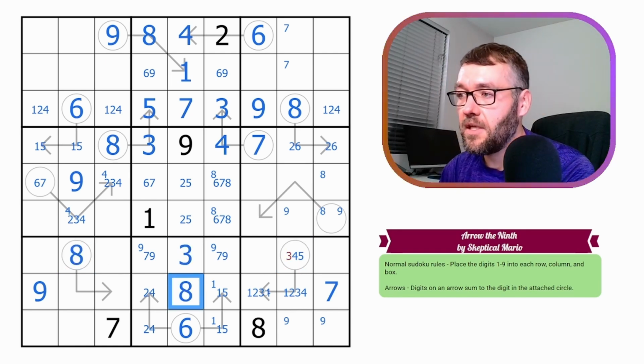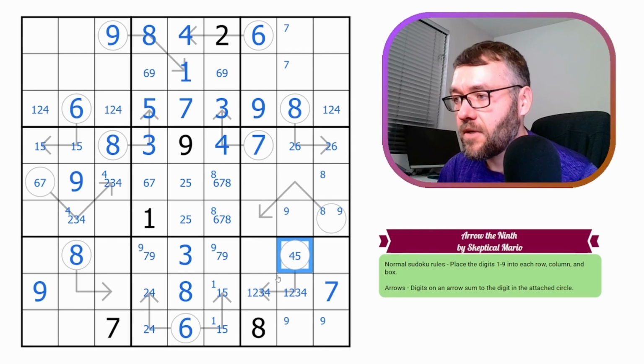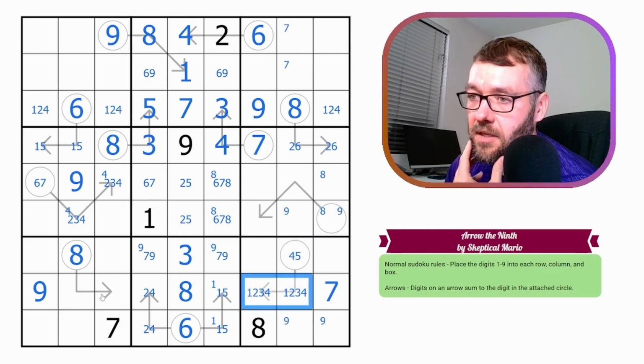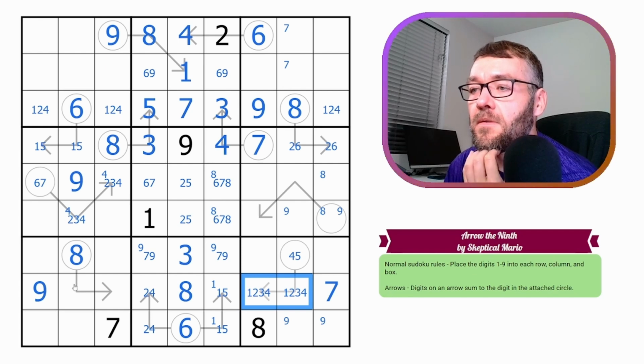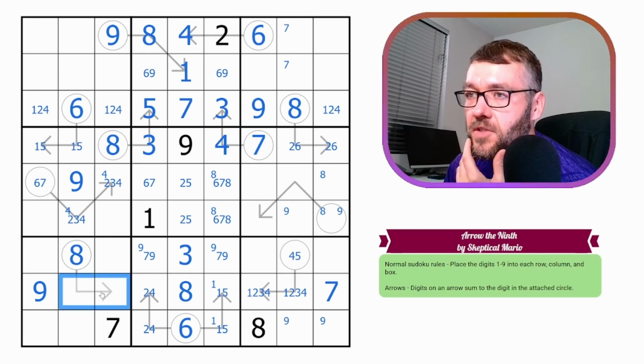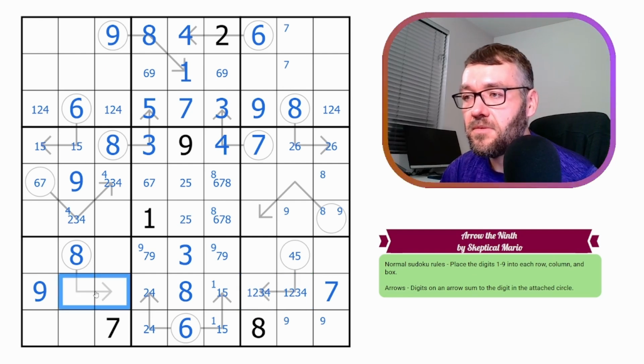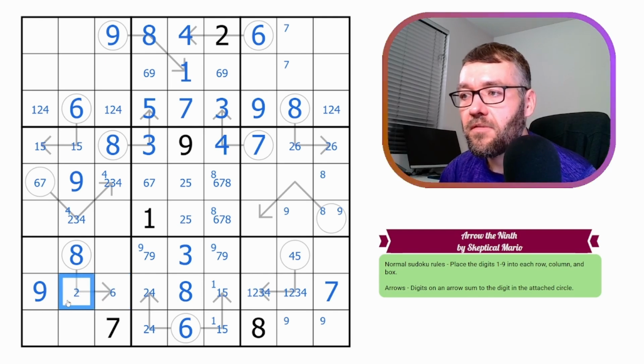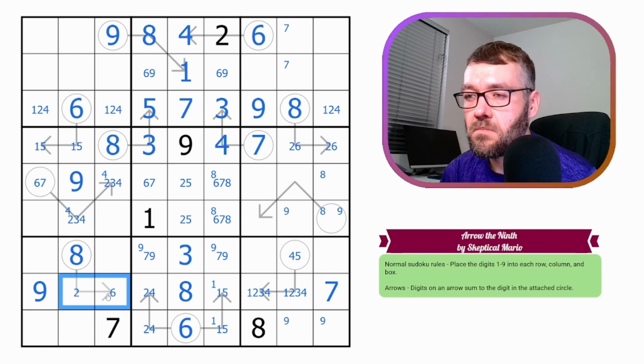Which makes this a 3 and an 8. This is no longer a 3, so this isn't a 1, 2. I mean, 1 and 2 can still go here, but not together. So if this is 8, it could be 6, 2. Well, it can't be this way. Or 5, 3. It can't be 1, 7, though.